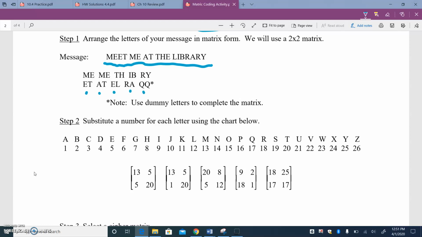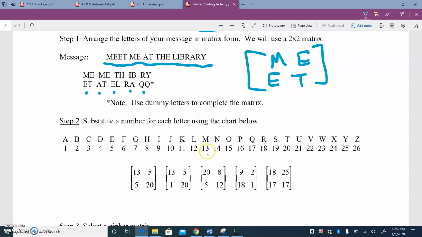So what we do is we have 5 different groups of letters. Each one of those groups is going to become a 2 by 2 matrix. So like the first one, M, E, E, T, that would be the first word in terms of our secret message there. And then each letter gets corresponded with a number because obviously we don't want to work with letters, we want to work with numbers.